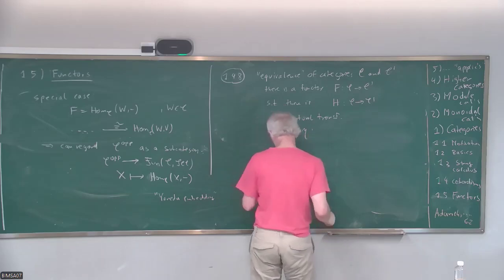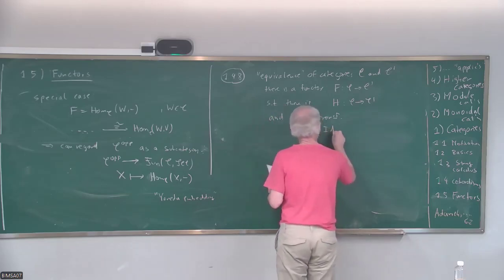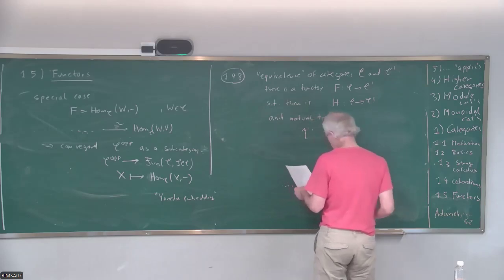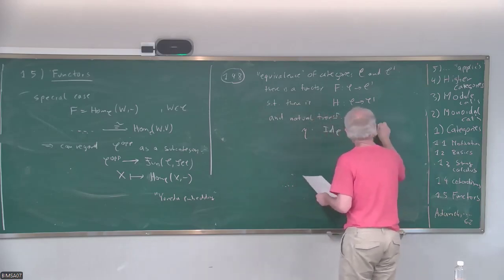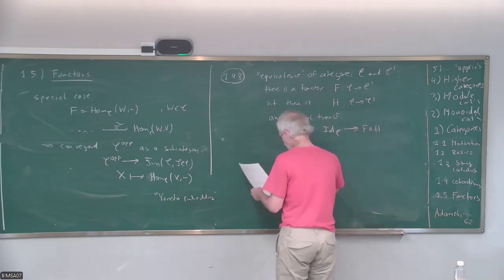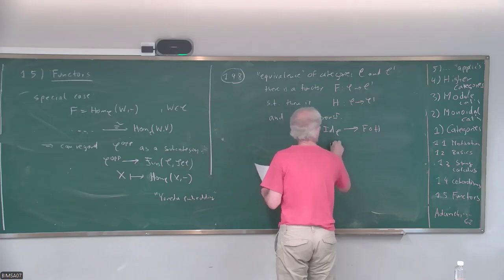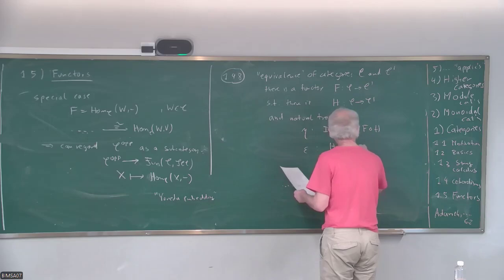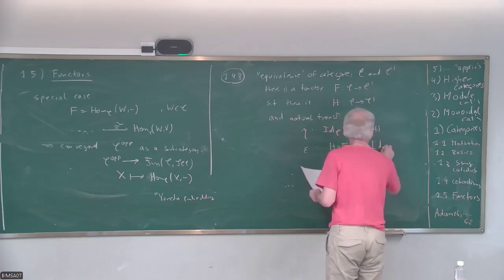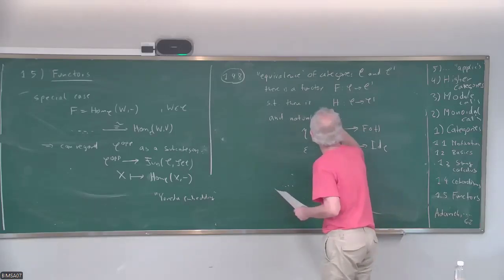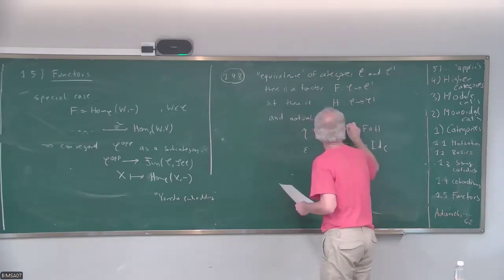Eta from the identity of C prime to the composition of F with H, and epsilon from the composition of H with F to the identity functor on C, which are in fact natural isomorphisms.